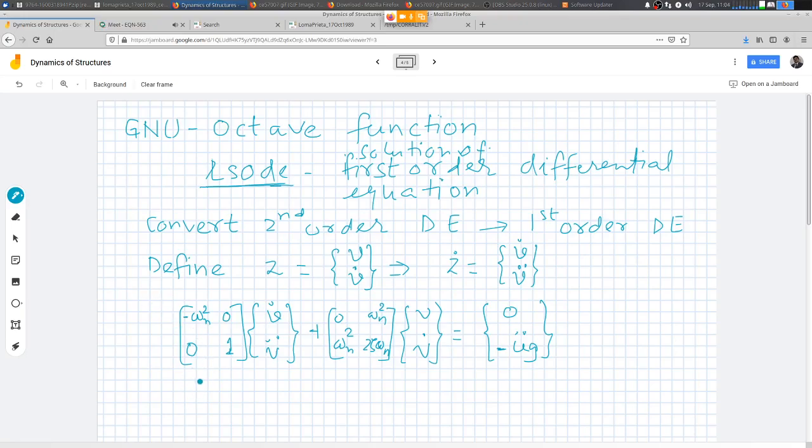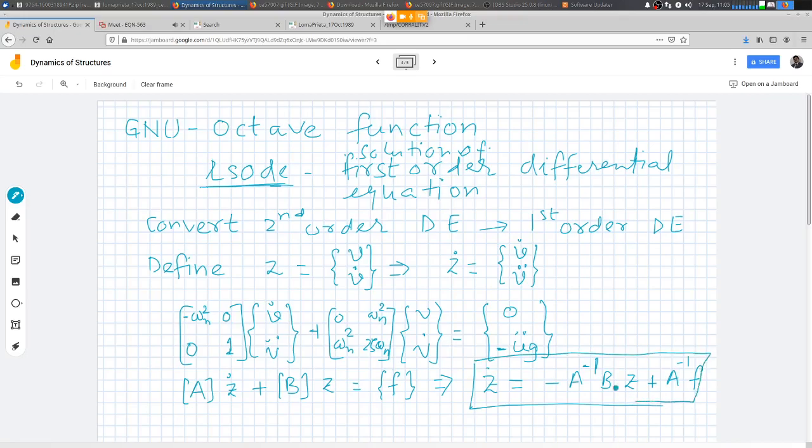So now I can rewrite this equation as A times Z dot plus B times Z is equal to, let's say, F. So this can be converted to Z dot is equal to minus A inverse B Z plus A inverse F. Now this is the form which can be handled by LSODE.